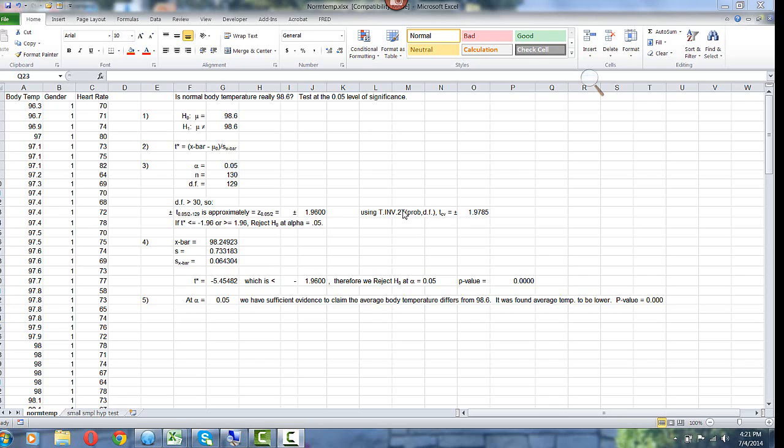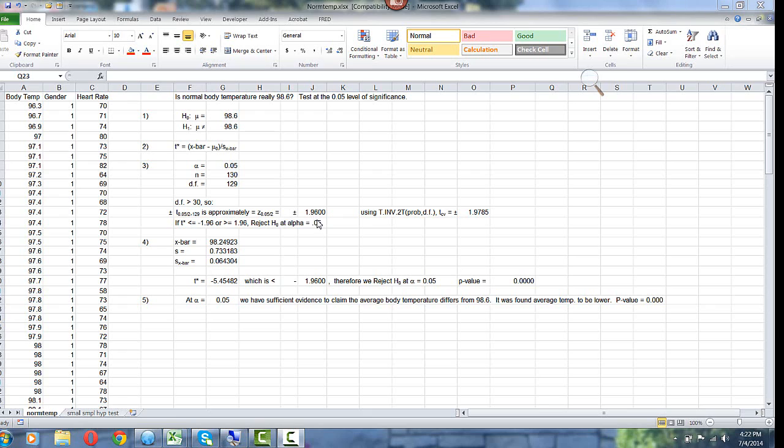Now if we wanted to be more exact, we could use this statement here, and it would be a little different, but you can see the 1.96 does a pretty good job of approximating the exact t-value at 129 degrees of freedom. So we're going to go with the 1.96. You do need to use the z-table and the t-table because we're not always going to have Excel available to us.